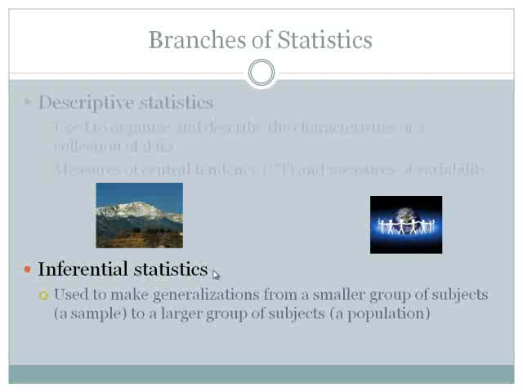So we have to use sampling techniques. And when we use sampling techniques, we measure information about the sample, and then we'd have to make generalizations back to our larger population. So inferential statistics are the tools that allow us to make inferences about a sample and then make generalizations back to the larger group, which is the population.